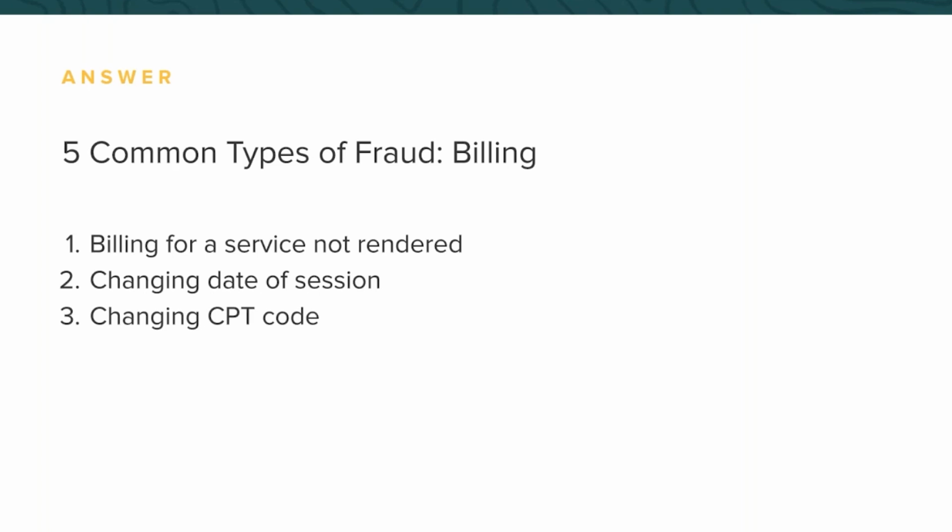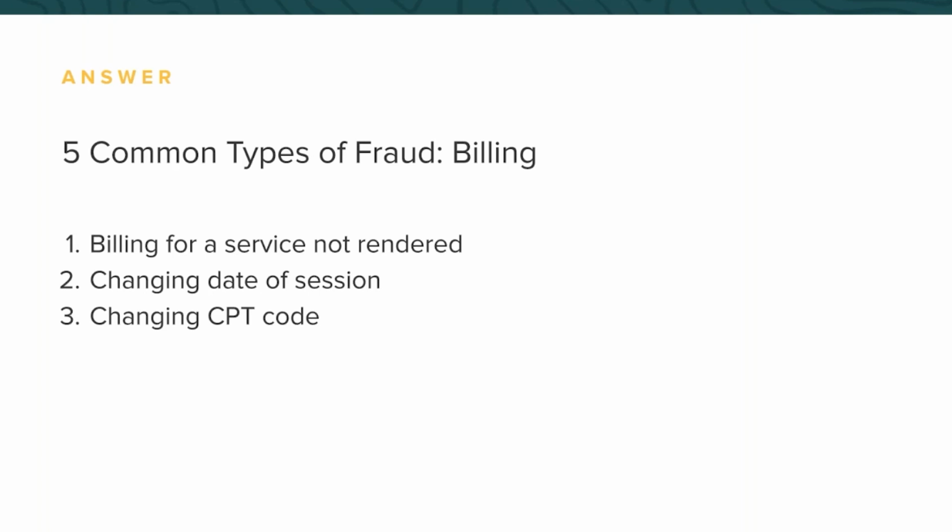Changing the CPT code. This is a really common one. I see this a lot, and mostly it comes up with couples and individual therapy. If the plan does not cover couples therapy, which is pretty rare, or doesn't cover it at the same rate as an individual session, I've seen a lot of therapists bill as an individual 90837, for example, which is the CPT code for a 60-minute individual therapy, instead of the couples therapy code, which is 90847.